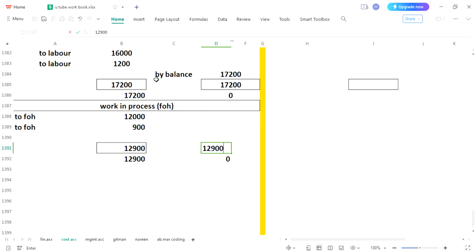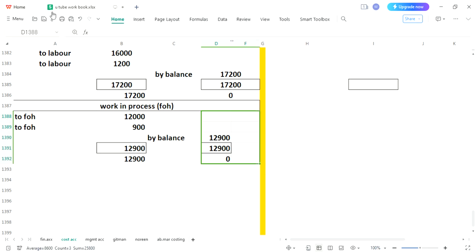Now it's time to calculate our balance, by subtracting the smaller sum from the larger sum. Our larger sum was 12,900. You will subtract the smaller sum, 0. In this way we have got our amount. This is the third amount, which is work in process FOH.